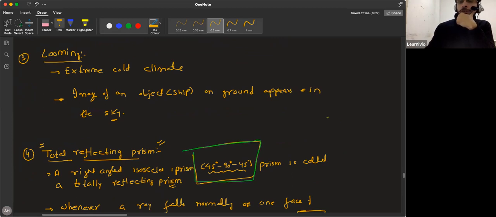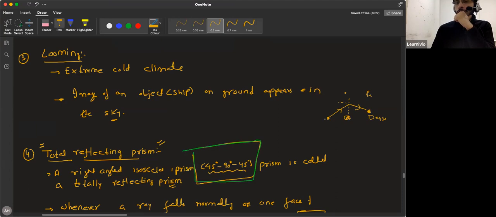See, Omar, what's happening here is this is the ship. Here it's a very low temperature and here it's comparatively high temperature. So at the ground, you have the denser medium and here the medium is rarer. So the ray coming from the ground is moving from denser to rarer medium. Then it gets reflected due to TIR. And if there is some observer sitting here, the ray will appear to him to be coming from this direction.